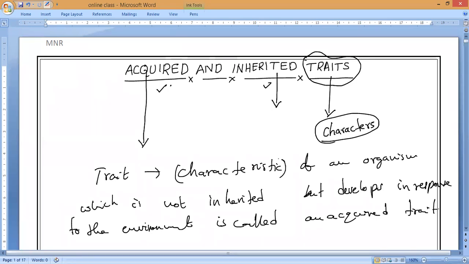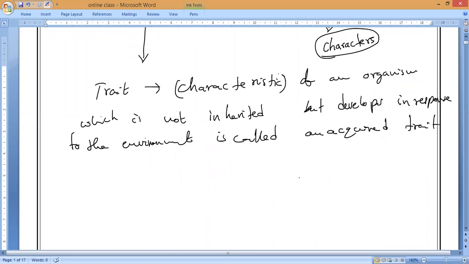So now, for example, let me take myself. I came from Andhra, and here I started learning Tamil. It is not a character which was inherited from my parents. Is it yes or no, guys? Because of the environmental situation, I am developing it.